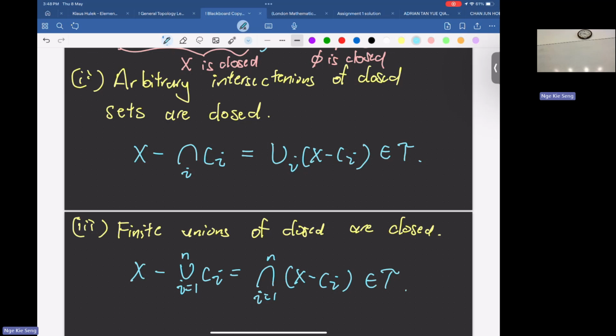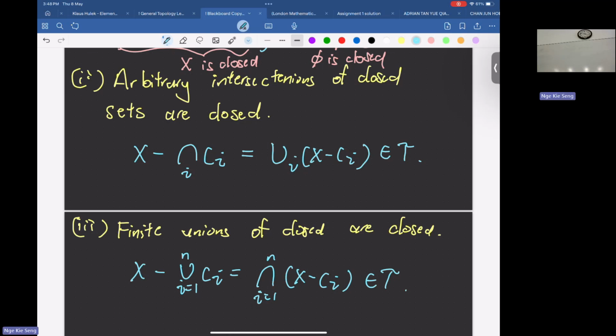I think Lydia last time asked the question: given a topology, is the number of closed sets and the number of open sets the same or not? Do you think it's the same? Of course, the same. Why? The bijection there is just taking the complement.